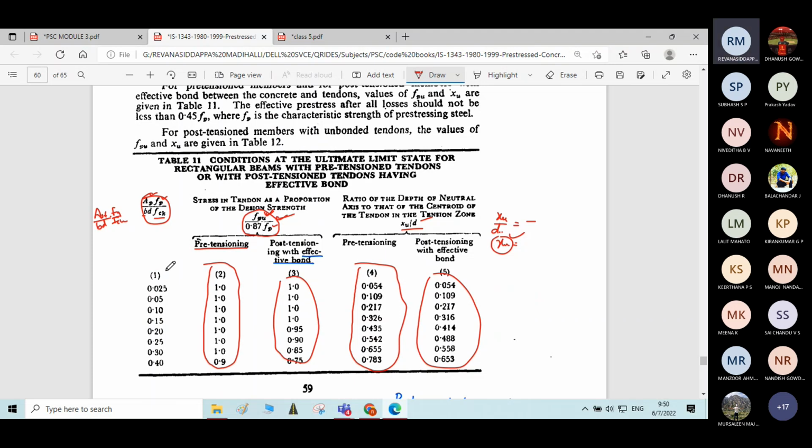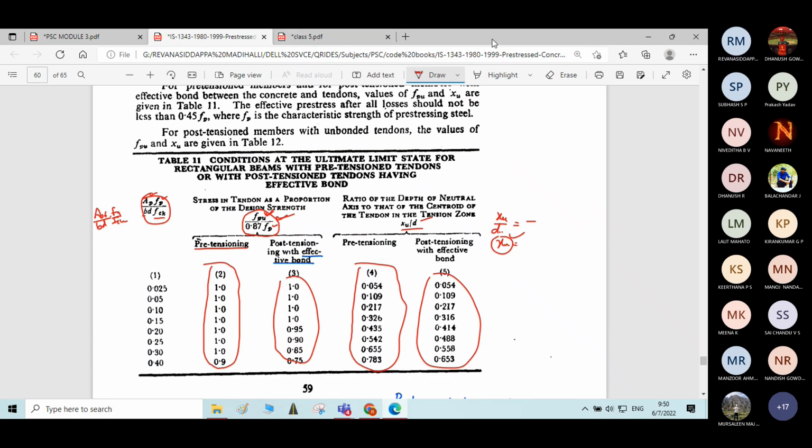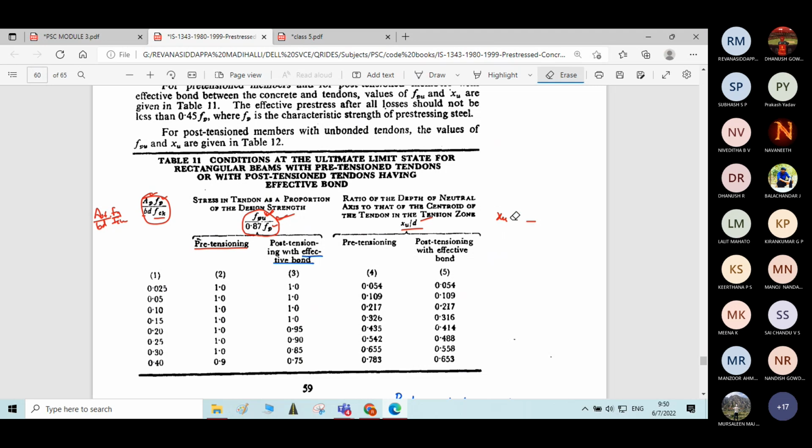The type of beam given is what? Pre-tensioned beam. You need to refer to this column. Let me erase all the things. We need to utilize this pre-tensioned column for finding fpu by 0.87 fp and xu by d.